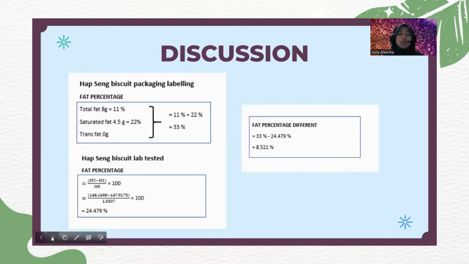So we got 24.479%. Lastly, the fat percentage difference we can see here: 33% minus 24.479%. So here we got an 8.521 difference in the calculation. So that's all from me. I will pass to the next presenter.